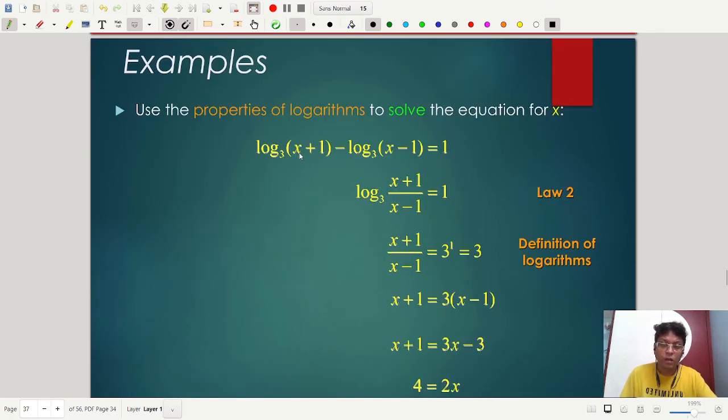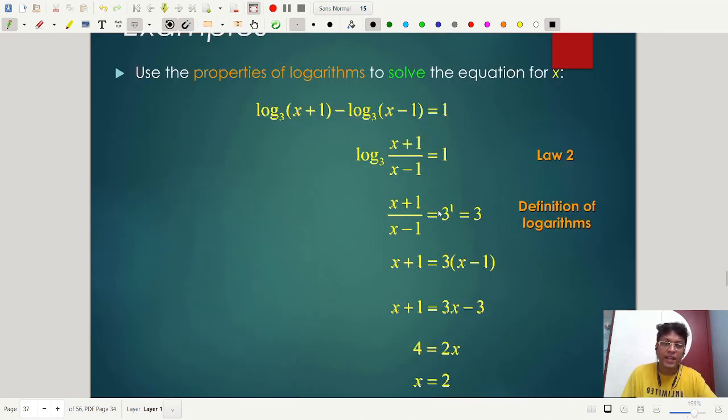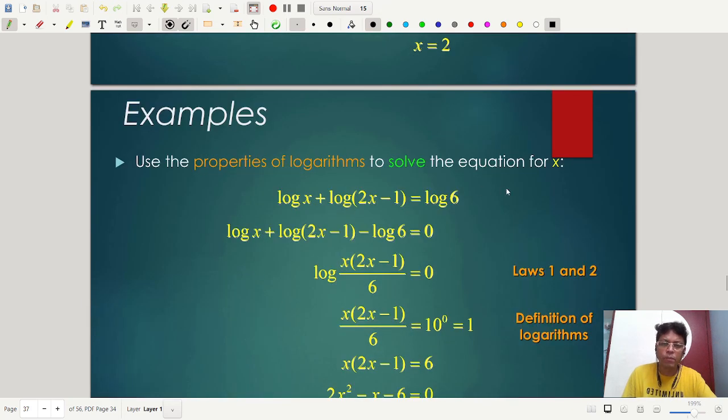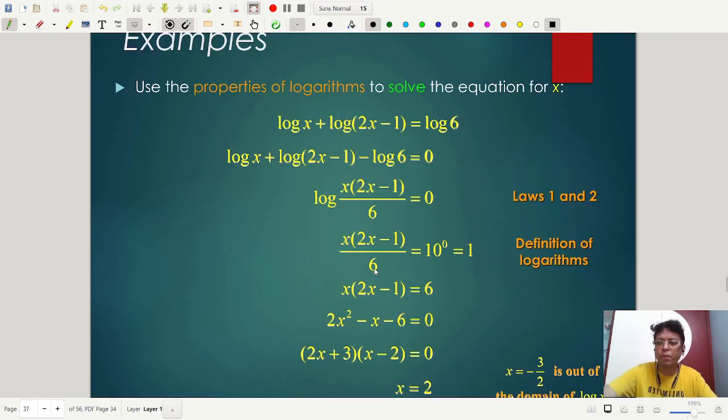So x plus 1 minus this. So you can write, using law 2, x plus 1 by x minus 1 equal to 1. And that is using the definition of logarithm: 3 to the power 1 should be equal to this, and it is very simple to calculate that x equals 2. More examples we have. This is very simple.